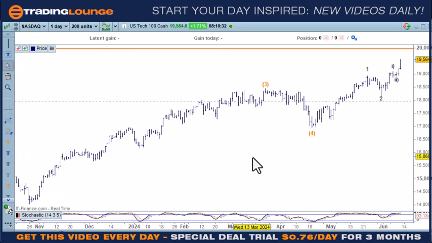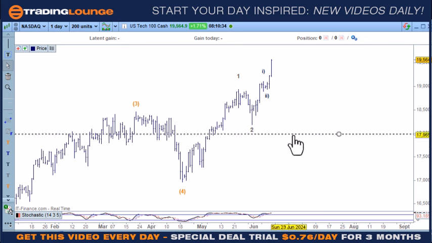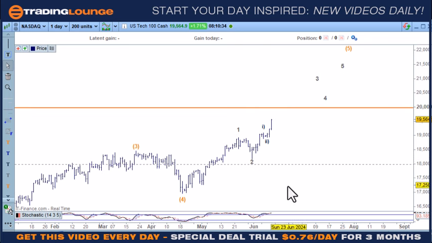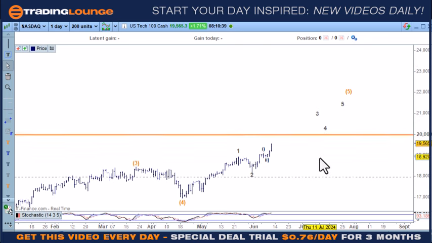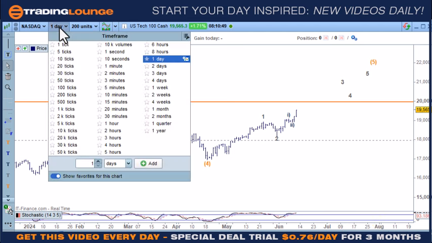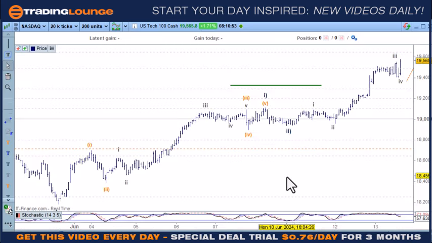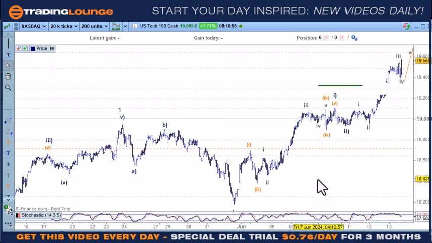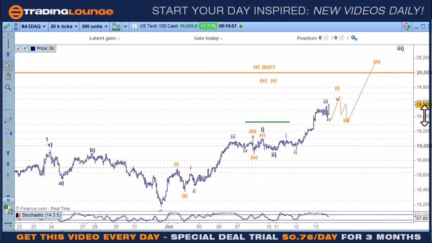And the NASDAQ here, just on the daily chart, this is the preferred count where we're looking at wave 1 and 2 and 1 and 2 and pushing up. We've been tracking two counts on this, but I'll just stay with this one on the 20k.